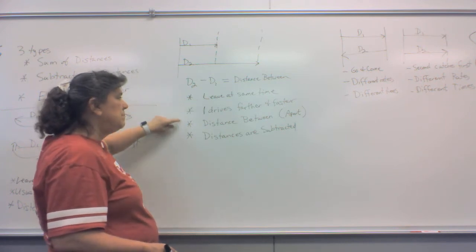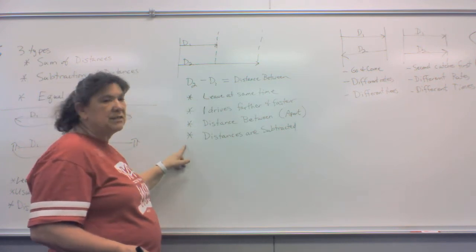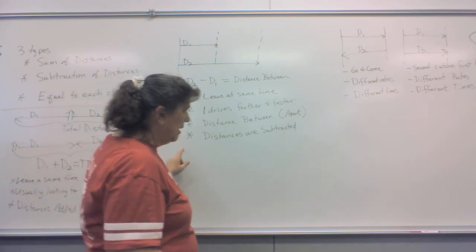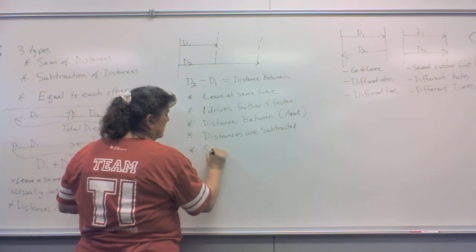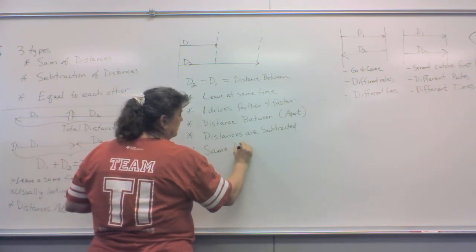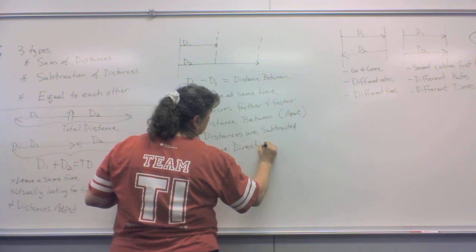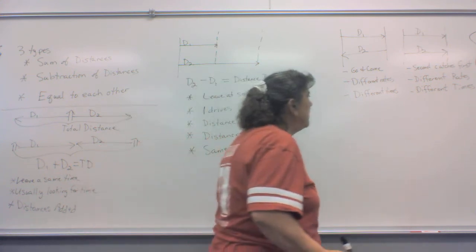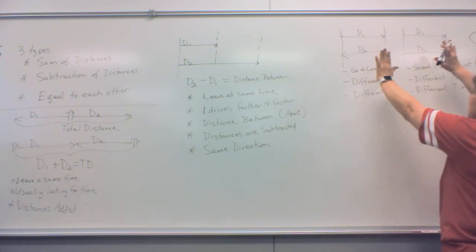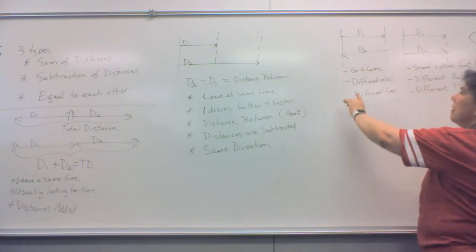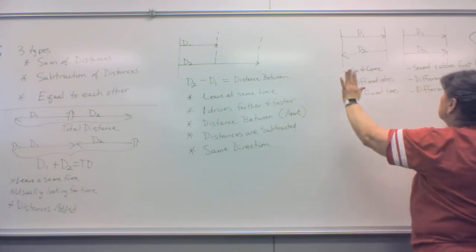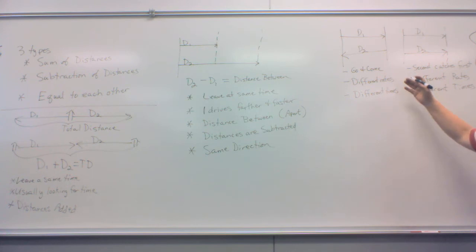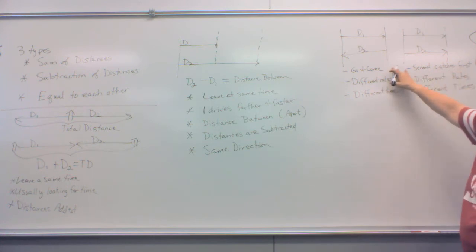Leave at the same time, distance between, so your distances are subtracted, okay? Because you're going in the same direction. It's always the same direction on these. Okay? This one over here, the distances are equal to each other because one is catching the other, or it's a go-come situation where they have different rates, different times. One of the types you're catching, and the other is a go-come.